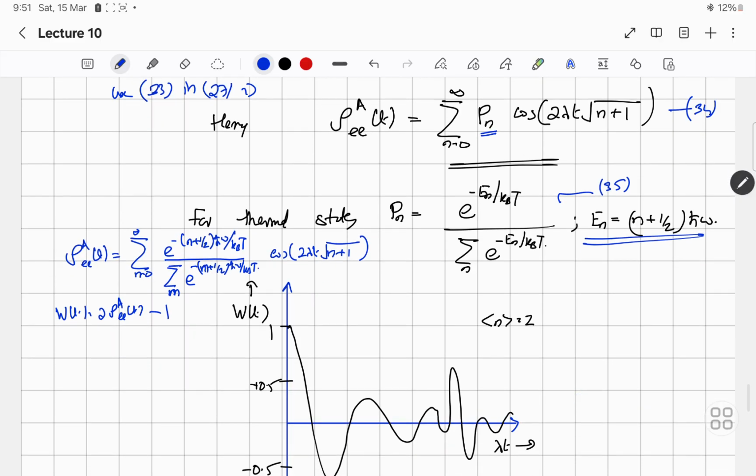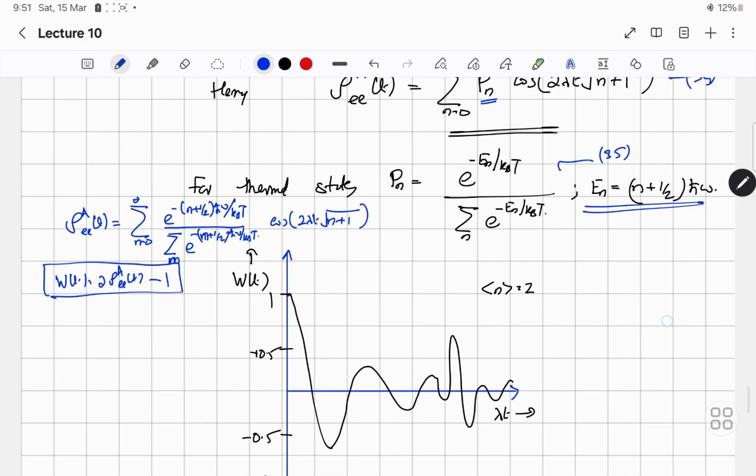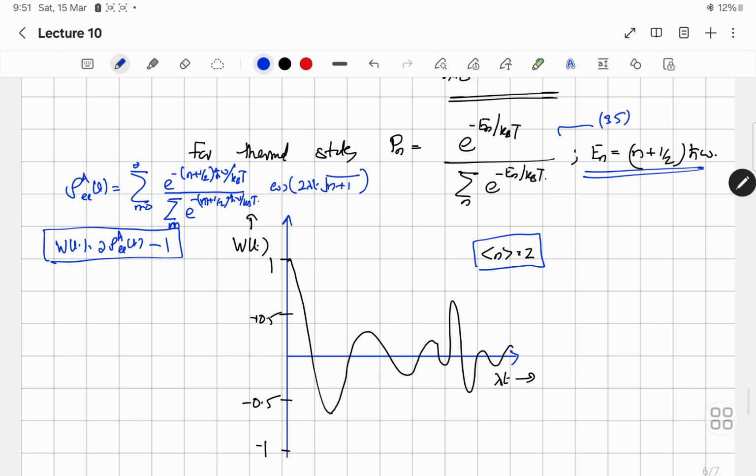And so from that we can calculate the inversion, and the inversion of such a thermal state, for an expectation value of the photon number equal to 2, is approximately given by this graph. So what is happening here? If you look at this graph, suppose the atom is initially in the excited state, so the inversion starts from 1, but the inversion never reaches minus 1.